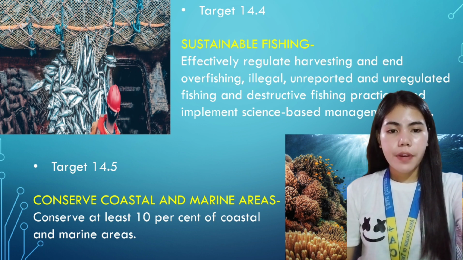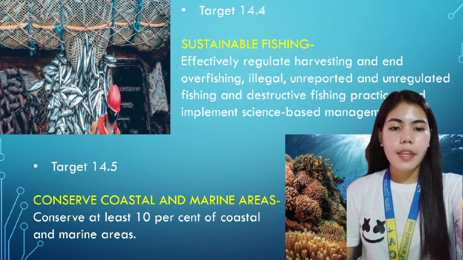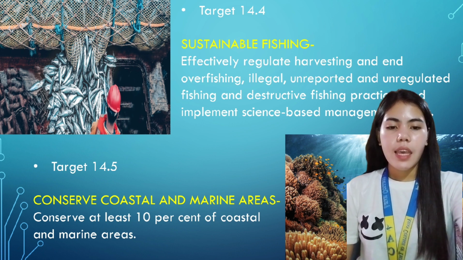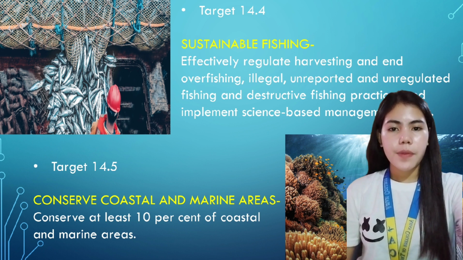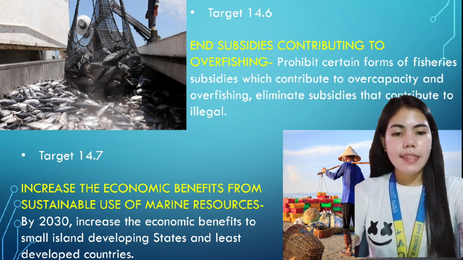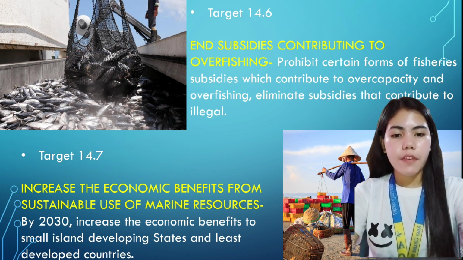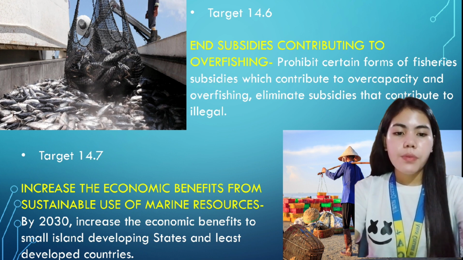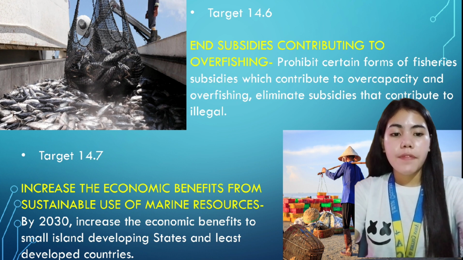Target 14.5, conserve coastal and marine areas. Conserve at least 10% of coastal and marine areas, consistent with national and international law and based on the best available scientific information. Target 14.6, end subsidies contributing to overfishing. Prohibit certain forms of fisheries subsidies which contribute to overcapacity and overfishing.